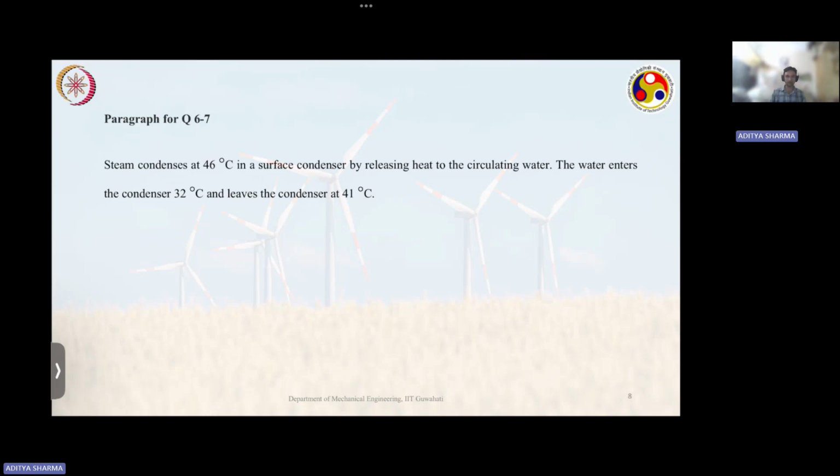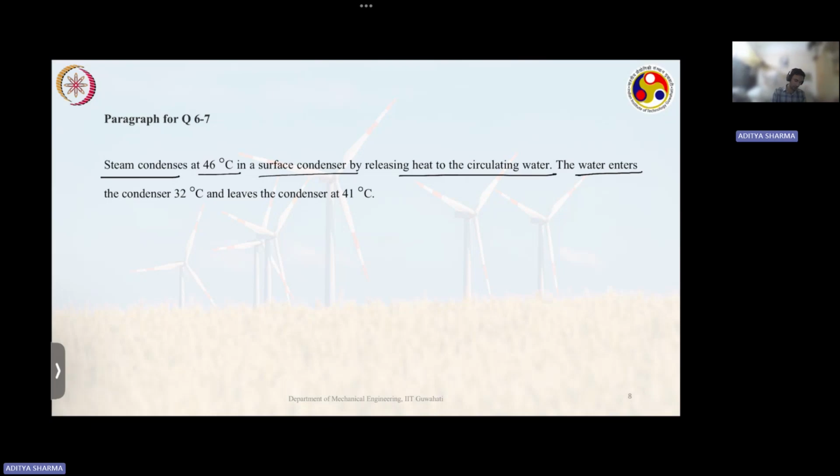For that, data has been given to us. The data says that steam condenses at 46 degrees Celsius in a surface condenser by releasing heat to the circulating water or cooling water.